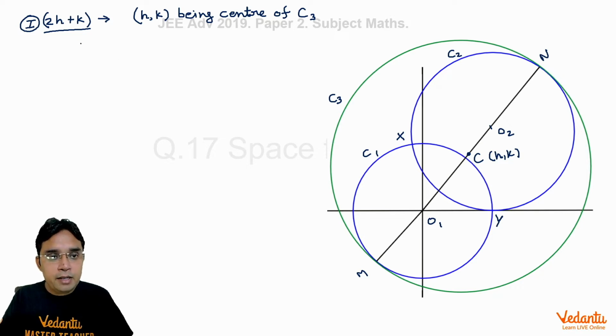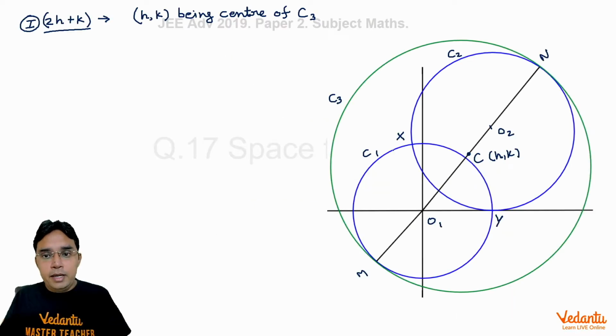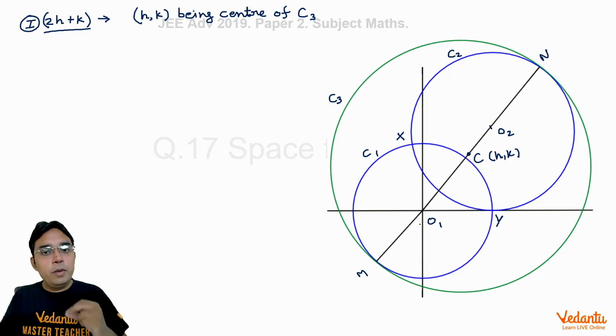Now we have to find the expression 2h plus k in the first part, and this (h, k) is the center of this circle C3. I am calling C its center, which is lying on the line joining O1 and O2. Now one very important thing: because C1 and C3 are touching each other at point M, the line joining M to the center of C1 and the line joining M to the center of C3 should be the same, which means M, O1 and C should be collinear.